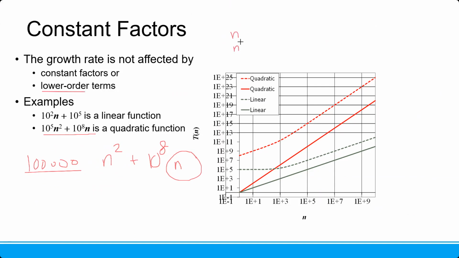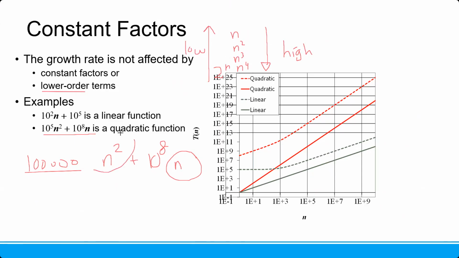The higher order is n power of 2. The higher order is n power of 3. The higher order is n power of 4. Higher order is 2 power of n. So it is getting high, and this is getting low. So lower order means lower than this function.